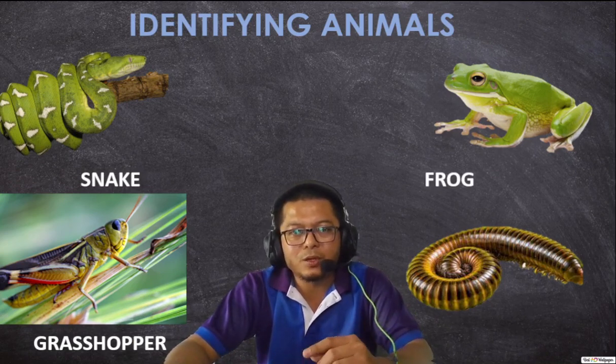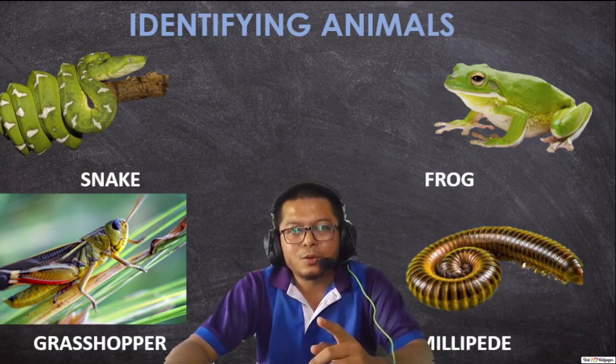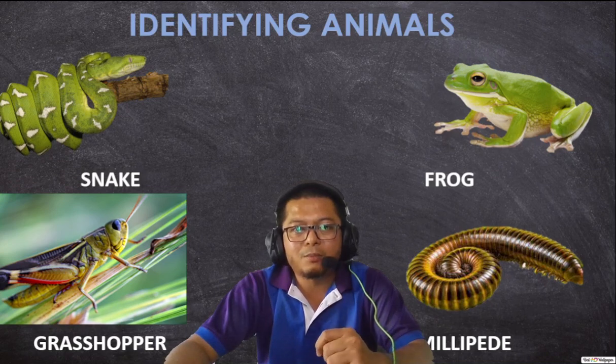It lives on a tree, so it's called a tree frog. And a millipede. So these are the first four animals. We have 80, I think, animals here, 40 or 80, I don't remember. But let's take a look some more. So this is snake, grasshopper, frog, and millipede.